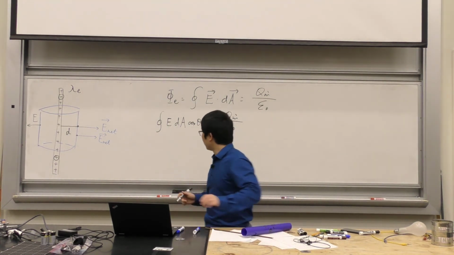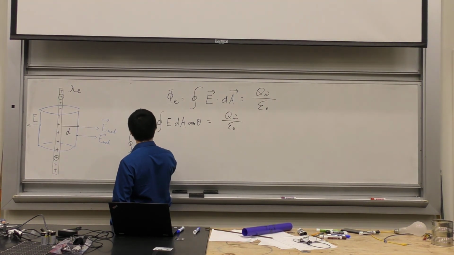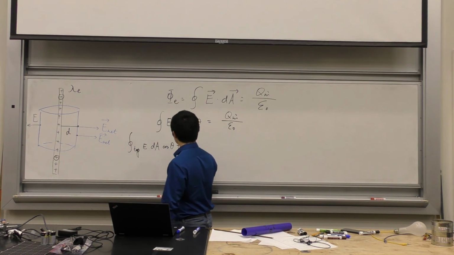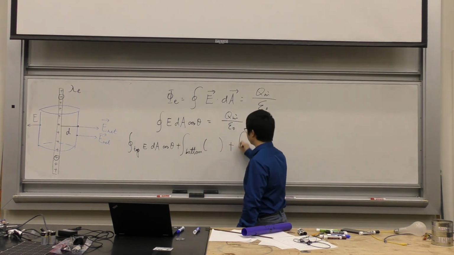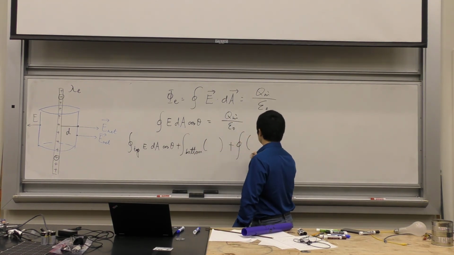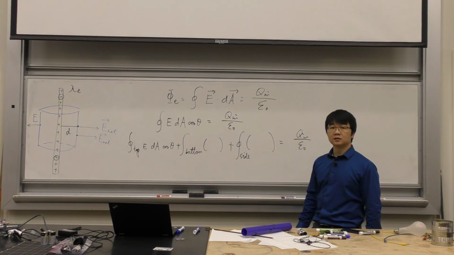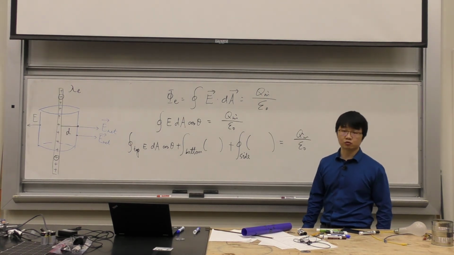At the end, you're going to do the top, you're going to do the bottom, and then you're going to do the side, the same integral. That's the complete electric flux through this imaginary Gaussian surface I drew.